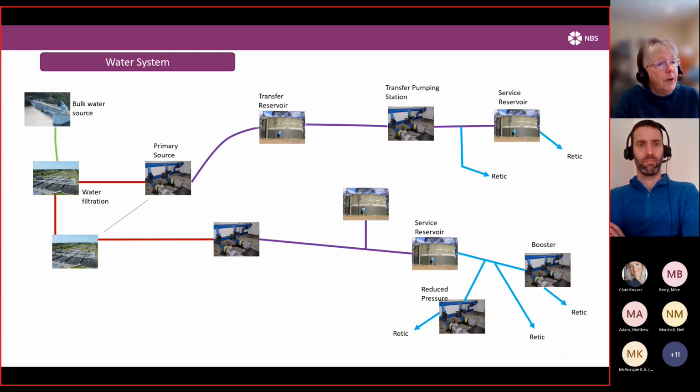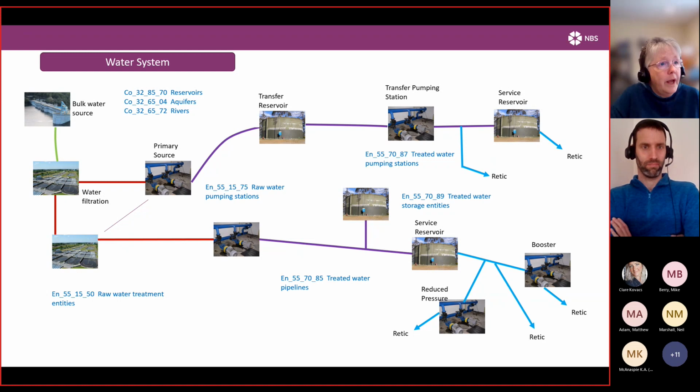So this was a diagram that Sydney Water produced, just a really basic layout to try to identify the different parts of a system, of a network, to identify what sort of things needed to be identified with classification. And again, there's no right and wrong way of doing this, but I've put some potential codes in here.